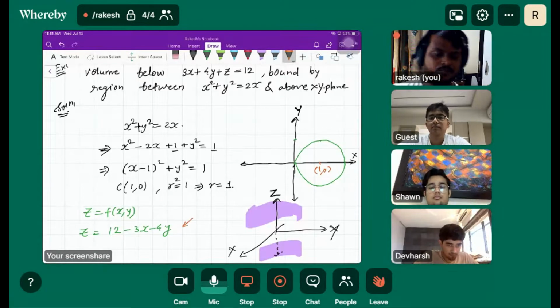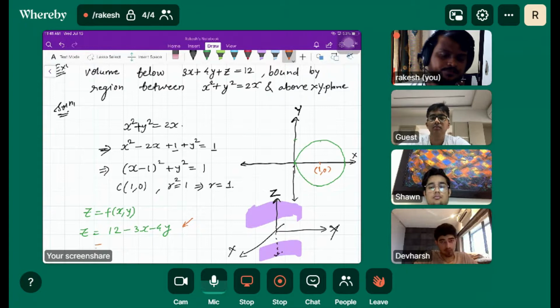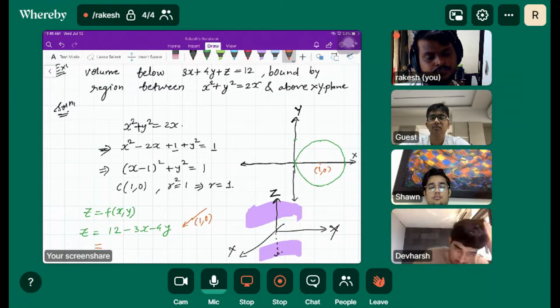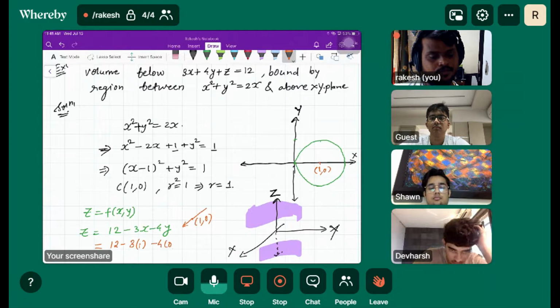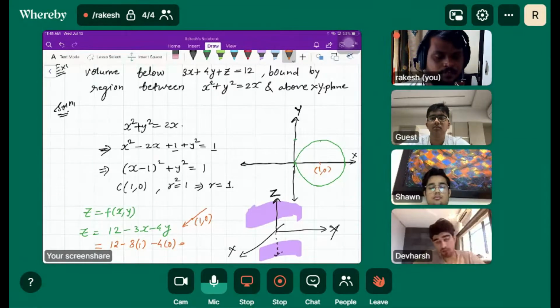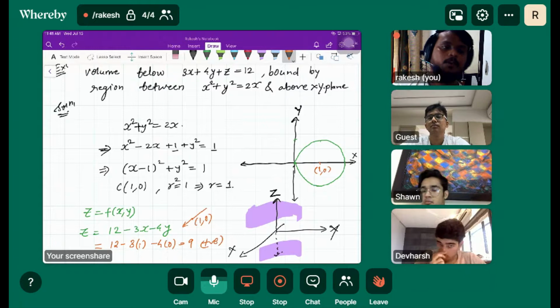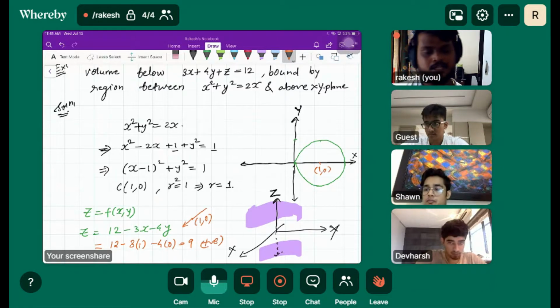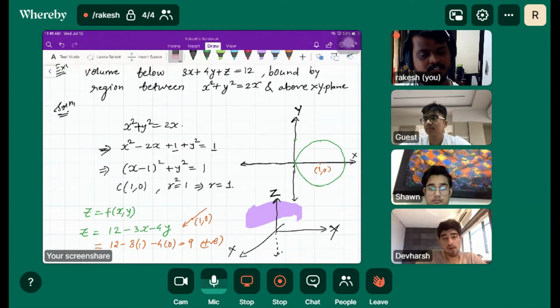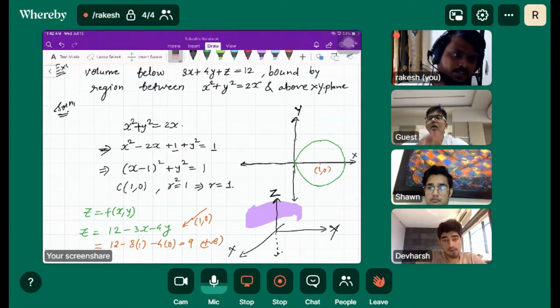If you plug that point into the equation of the plane, what is the z value? 12 minus 3 into 1 minus 4 into 0, which is 12 minus 3, 9. So it is a positive value. It means it is in the positive z direction, so the required surface is the above one. Did you understand this?